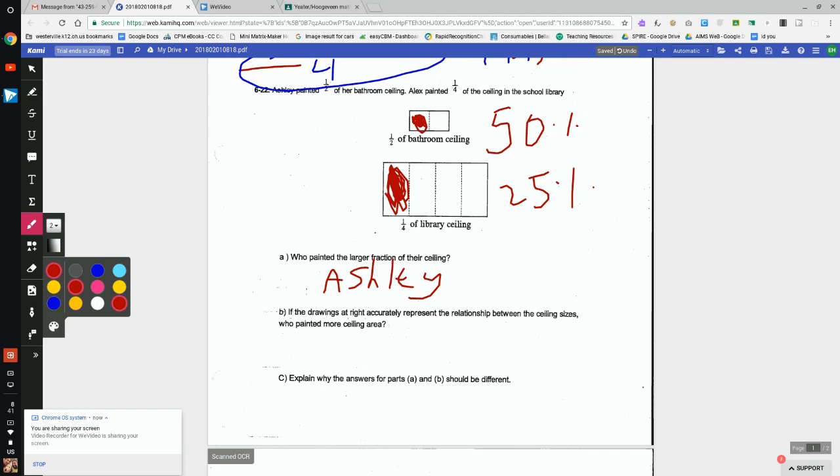If the drawings at the right are accurate, Lee represented the relationship between the ceiling sizes. Who painted more ceiling area compared to the drawings? Looking at it, if they are accurate, then this portion is bigger than that, so we'd have to say Alex. And then explain why the answers for parts A and B should be different. They are 2 different questions.